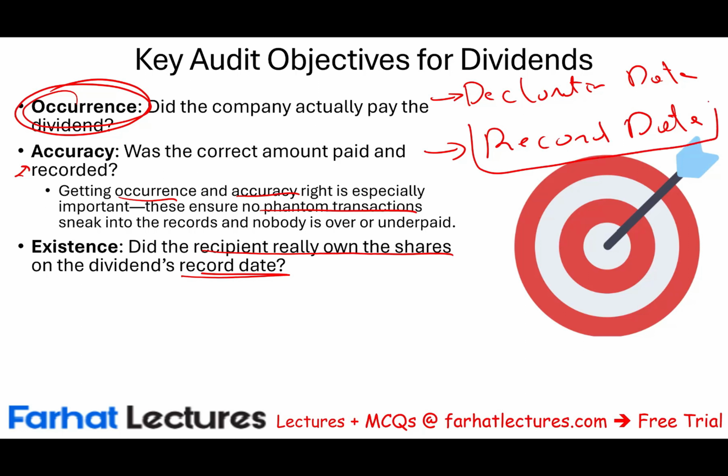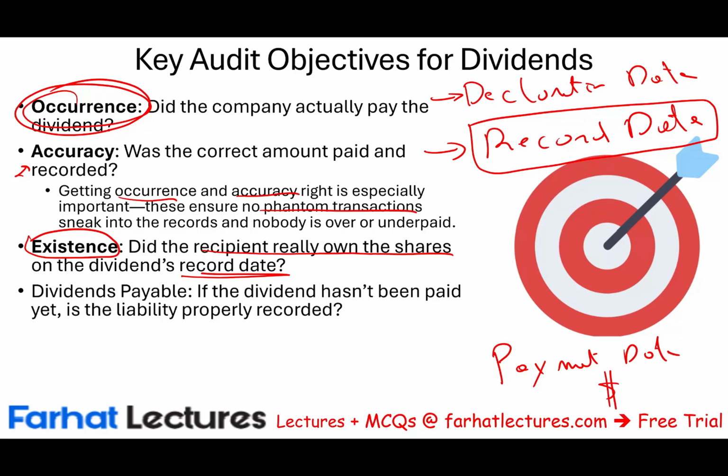This is the date that we determine whether an individual owns the stock or not. And we obviously have the payment date. This is the day that we actually make the payment out. But what's important is that on the record date, this individual actually exists in the sense of owning the stock. And if they exist, we pay them.